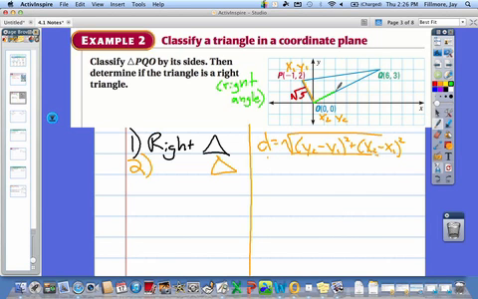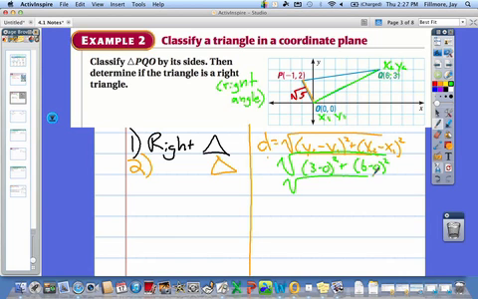Let's find the length of this side here. So I have to relabel what's x1, y1, what's x2 and y2. I'll let this be x1, y1, x2 and y2. So plugging those in, this will be 3 minus 0 squared and 6 minus 0 squared.